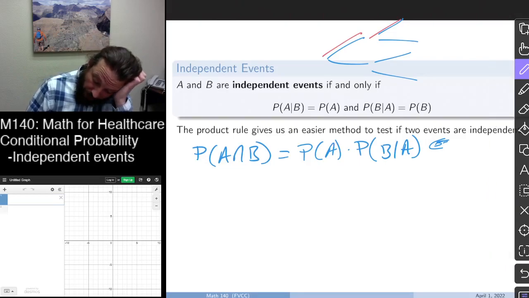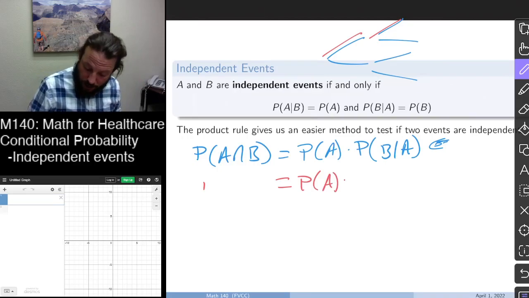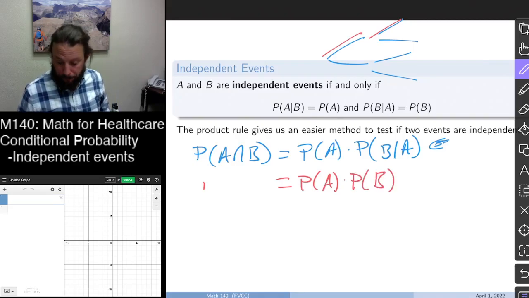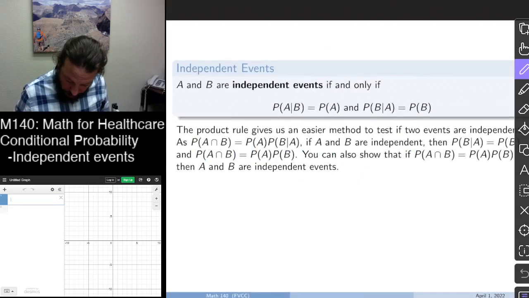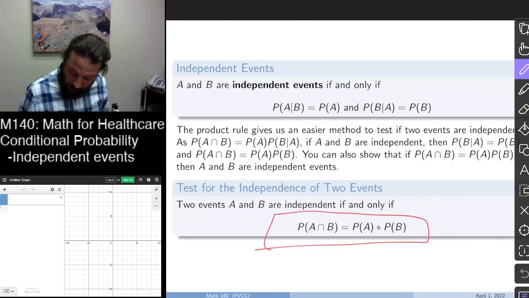All right, well, if A and B are independent events, this must be the probability of A times the probability of B given A, which is equal to the probability of B if A and B are independent. So then we could use our new product rule, and this is the best way to test for independence.